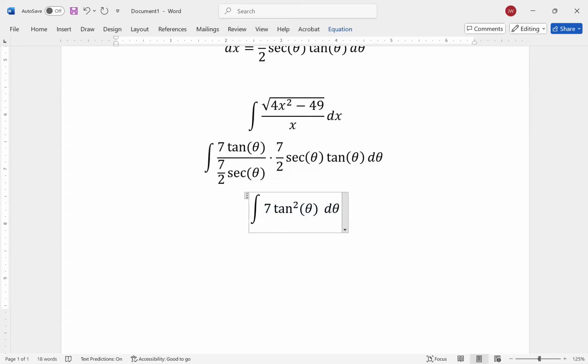Now, you may not have in the back of your head an antiderivative of tangent squared. It turns out that what you should do is use the Pythagorean identity. In this case, tangent squared using the Pythagorean identity is secant squared minus 1.